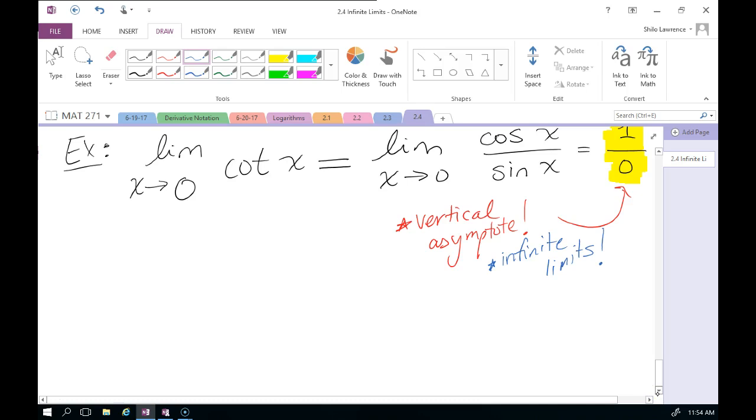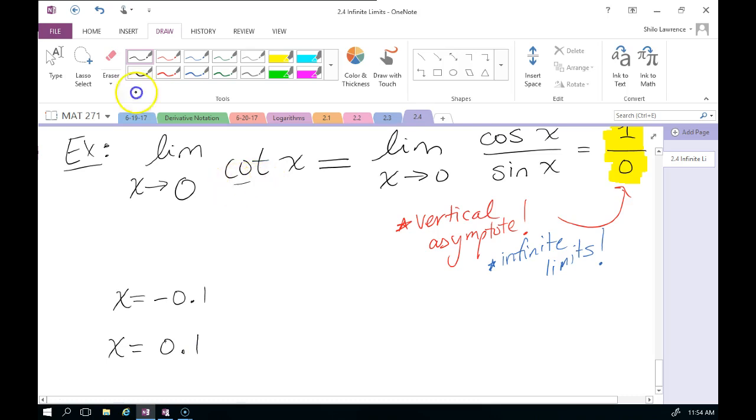So again, we could plug in something on the left and something on the right and see what's happening really close to 0 on the left and the right. Really close to 0 on the left would be a negative 10th. Really close to 0 on the right would be a positive 10th.